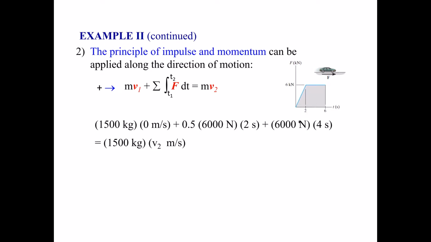And then the second part of this is from 2 to 6 seconds, which is just 4. And it's constant force, right? So I could just multiply the force times the time difference. And that's going to give us our momentum at the end, right? Our mass times our velocity, okay? So you can easily solve for velocity from this. Just divide the left-hand side by 1,500 kilograms, okay?